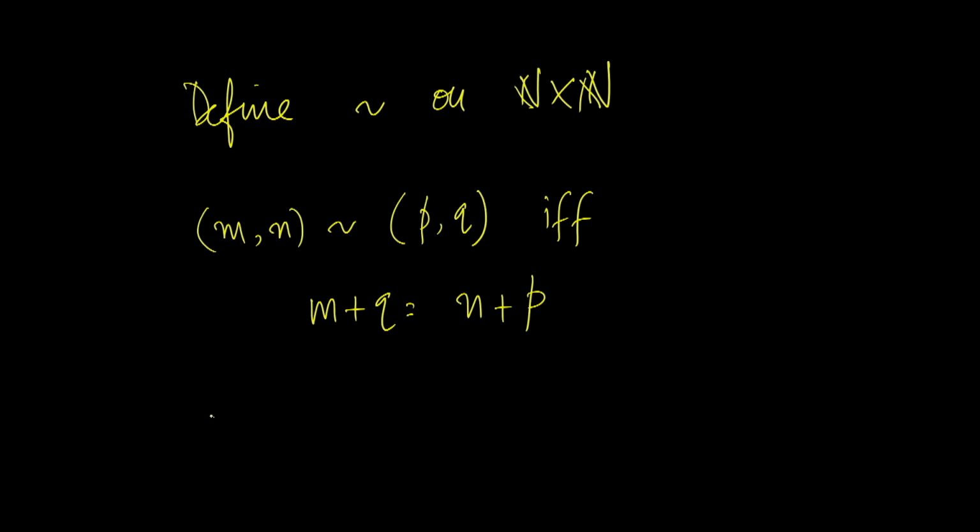Of course, we would have wanted to say that m minus n is equal to p minus q, but we can't say this because the set of natural numbers is not closed under subtraction. So, m minus n may not be a natural number. But of course, from our arithmetic we know that if m minus n is equal to p minus q, then m plus q is the same as n plus p.